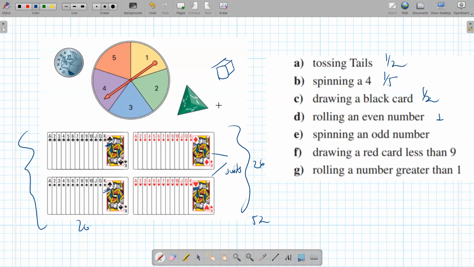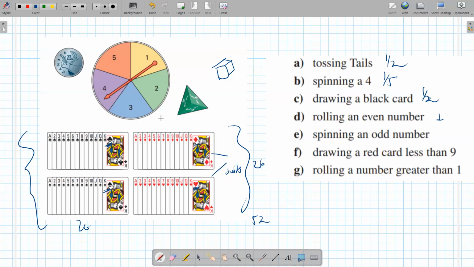Usually you want to reduce it. 1 out of 2. Now, what's the probability that you spin an odd number here? 3 out of 5. Yep.